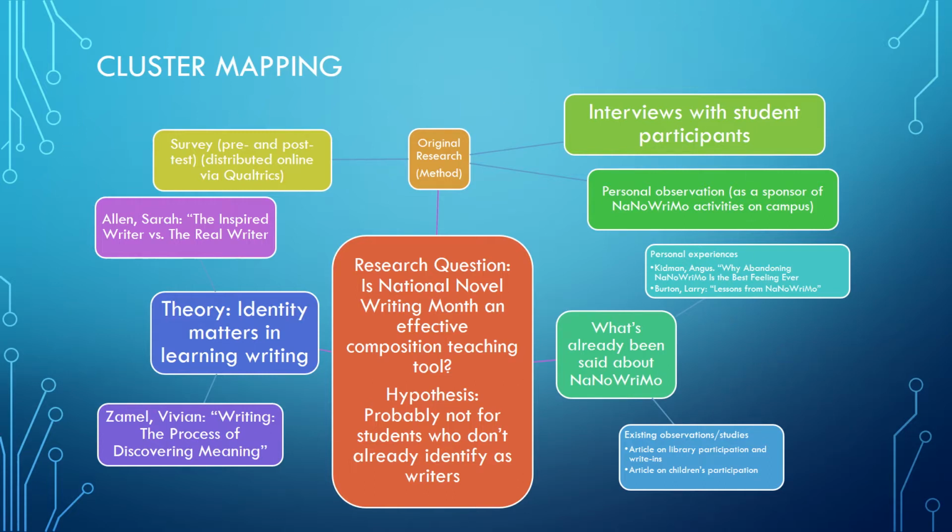One of the advantages of the cluster map is at the end of this week, you're going to turn in a formal outline to me that tells me what it is you're planning to say and in what order and so on in your formal paper. A cluster map translates into a formal outline easily.